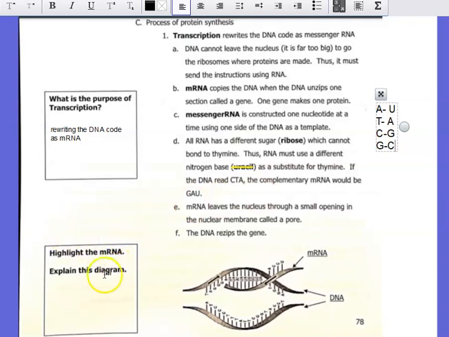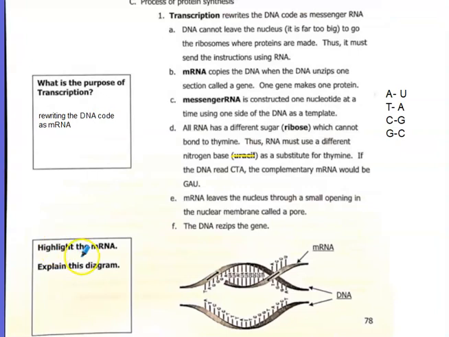So here we're going to highlight the mRNA. You know you have mRNA when you see the letter U. So if you look at this strand here, and it's already labeled as mRNA, this is what we're highlighting. And you know this is RNA because I see the letter U right there. If I see T, that's how I know it's DNA.